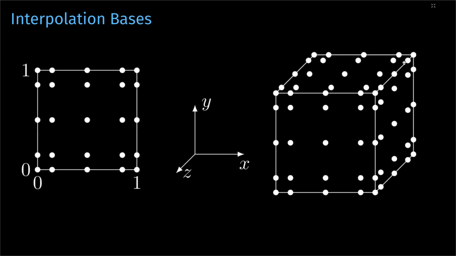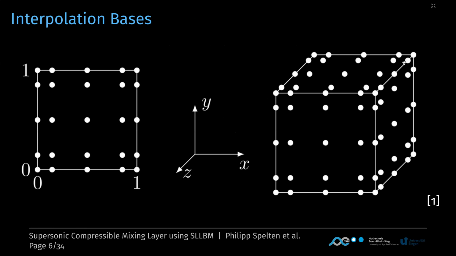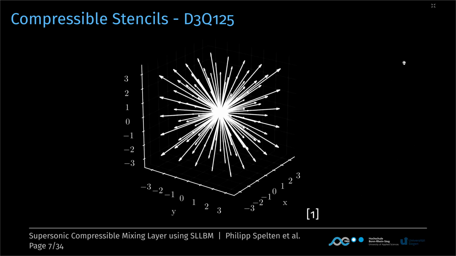So the interpolation basis that we use, which has been proven to be stable, is Gauss-Lobatto-Chebyshev integration points for the interpolation. So of course this is not entirely loss-free, but it actually proves to be quite stable and quite accurate.